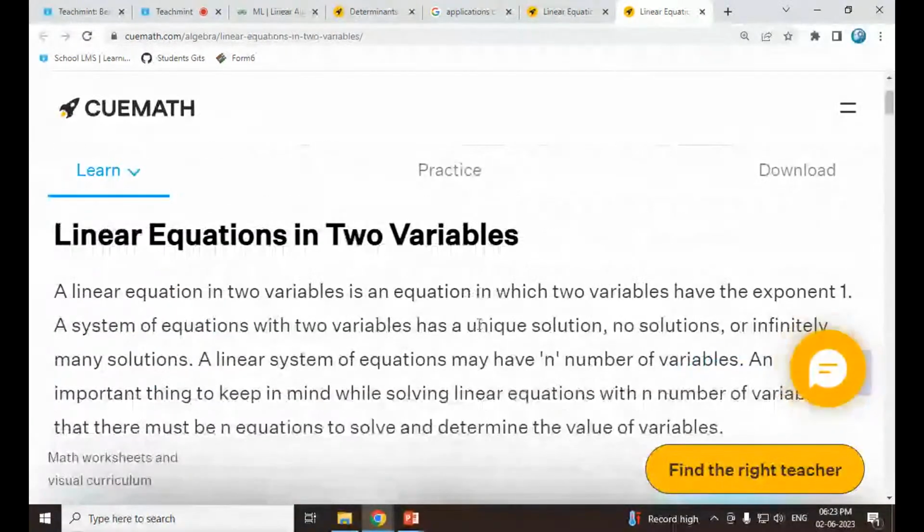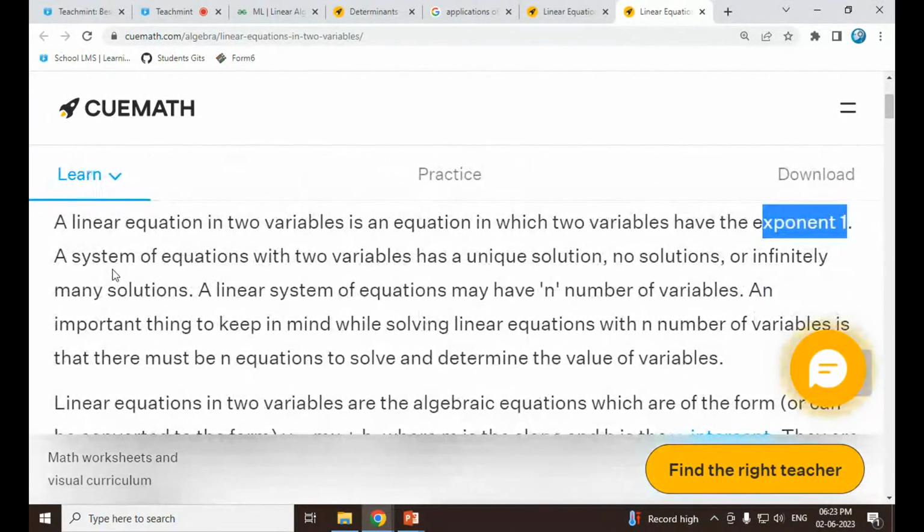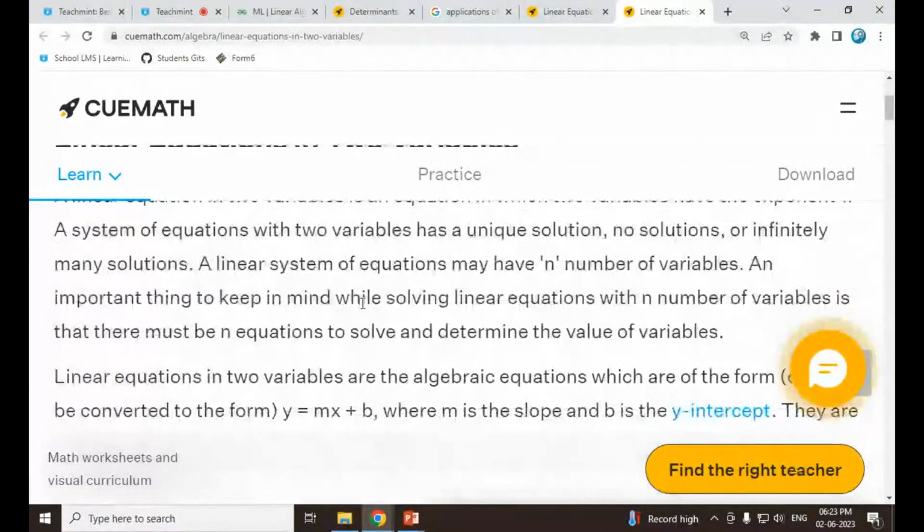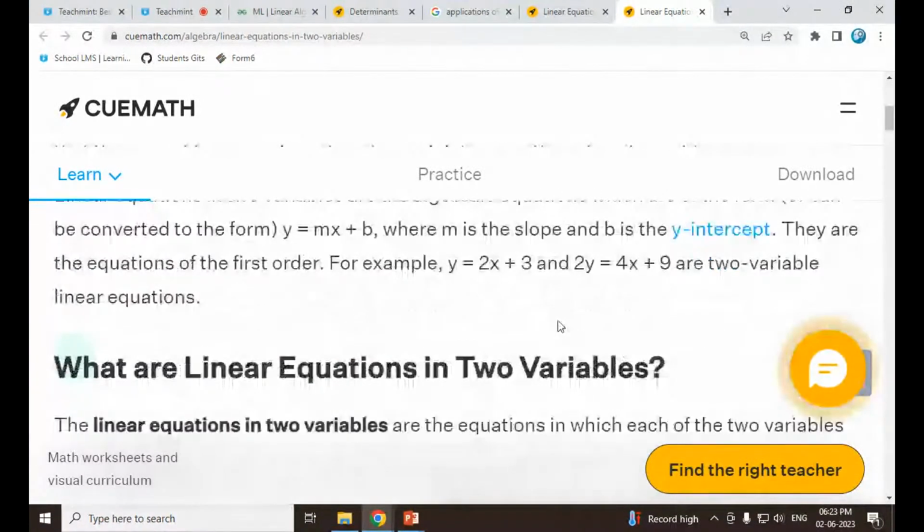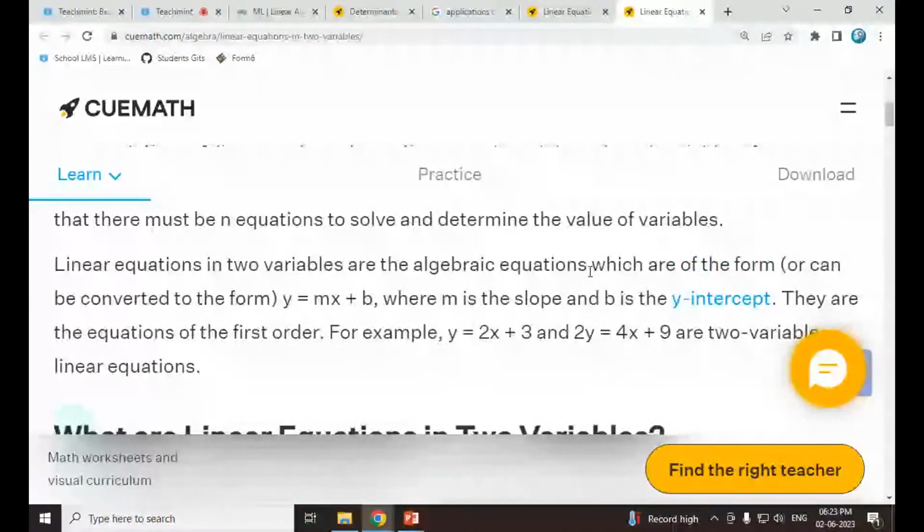A linear equation in 2 variables is an equation in which the two variables have exponent 1, with one solution, no solution, or infinite solutions. We can look at an equation here.